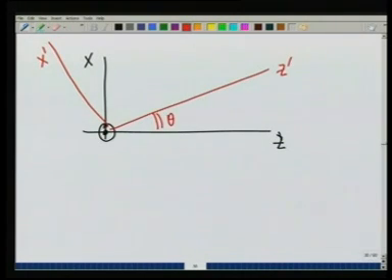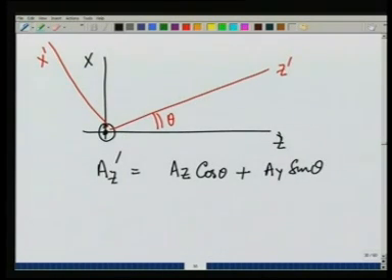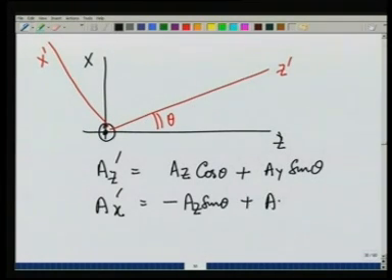By rotating about the y axis, you will see that A z prime is going to be A z cosine of theta plus A x sine of theta, and A x prime is going to be minus A z sine of theta plus A x cosine of theta.